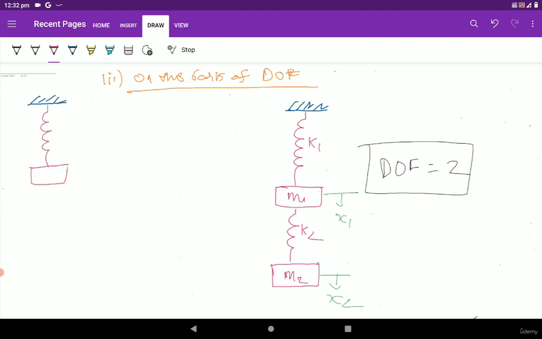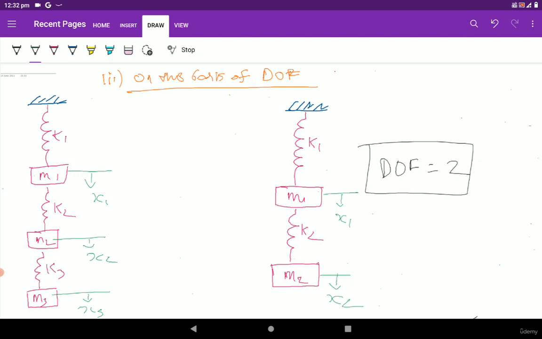Mass m1 here, spring constant k1, mass m2 here, spring constant k2, mass m3, spring constant k3. So for this system there are three displacements possible, that is x1, x2 and x3. So we can say for this system the degree of freedom is equal to 3.